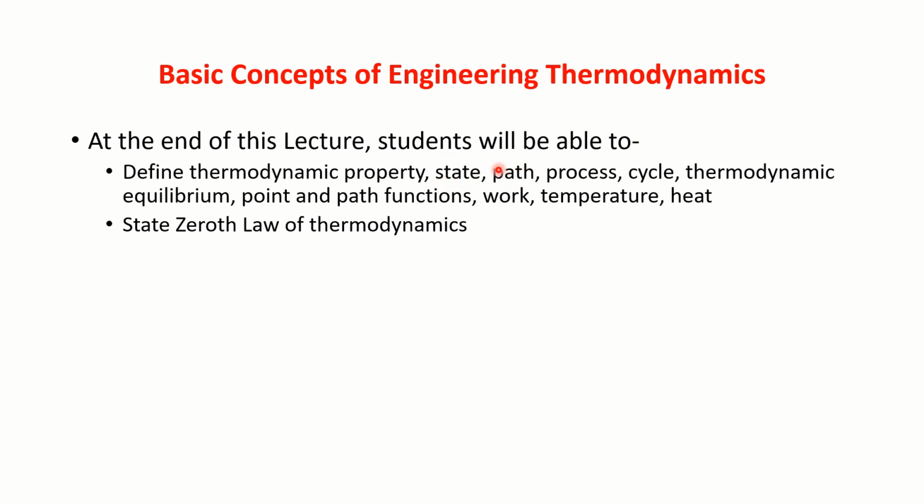What we mean by path, process, and cycle, and the meaning of thermodynamic equilibrium. For a system to be in thermodynamic equilibrium, it should satisfy the conditions of mechanical equilibrium, chemical equilibrium, and thermal equilibrium. And you have understood the meaning of point function and path function.